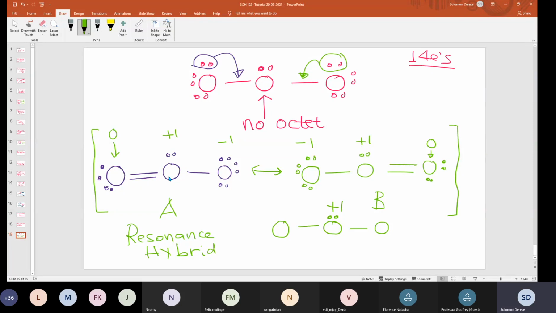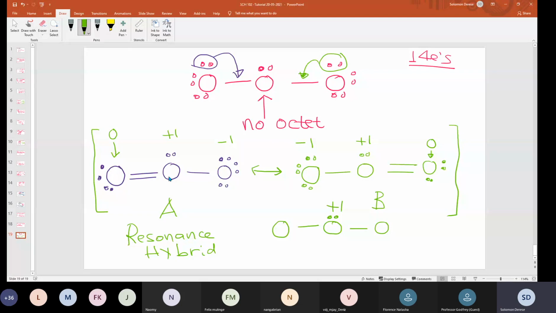The other thing I want you to notice, just look at the oxygens on the outside. What is the minimum number of electrons that you find in both oxygens?